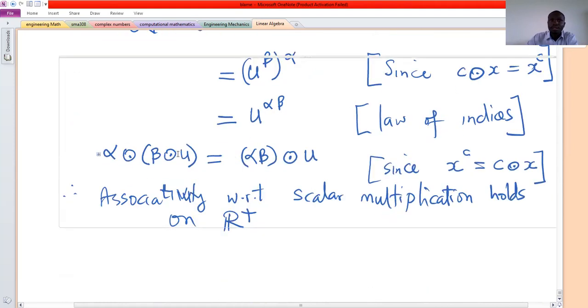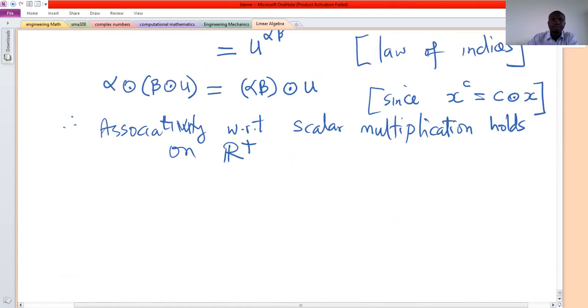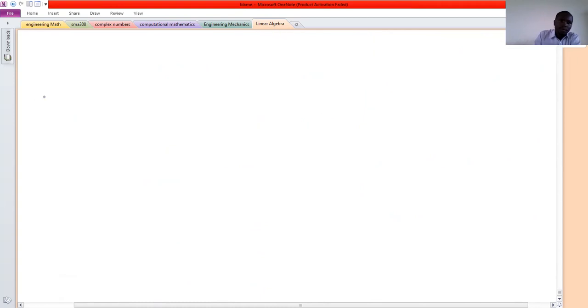Number 8 is to show that on R plus, we have what we call multiplicative identity. So number 8, multiplicative identity.